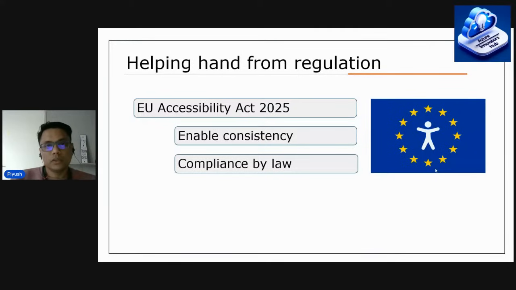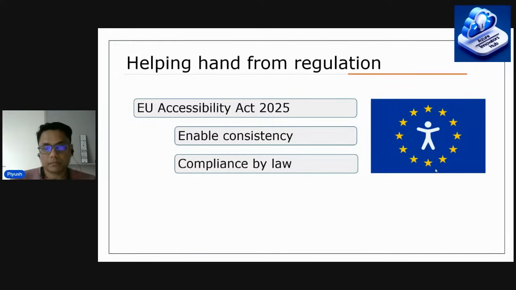But what is the quality of that text description, whether it's actually helpful or not, whether it's describing what's happening in the image or not, that's something regulation cannot do. That is something that we as a company, or that particular app or product, needs to strive for.